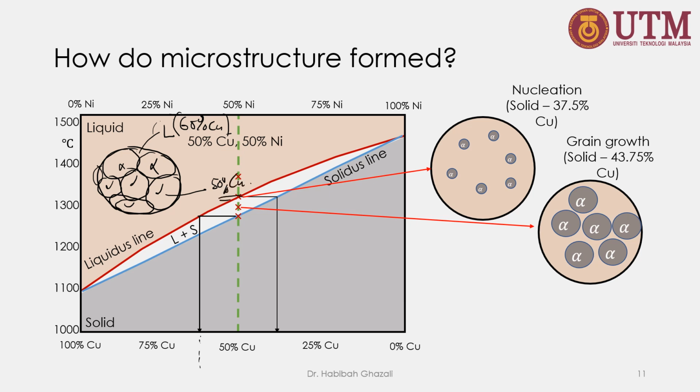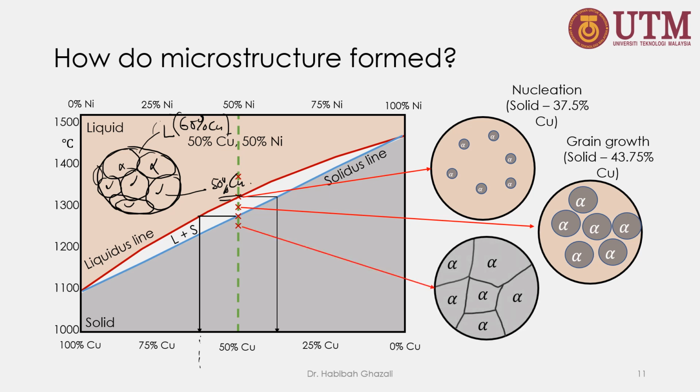As soon as it passes the liquidus line, everything will be transformed into solid and the grain boundary will be formed. At the end, because this is an isomorphous alloy, you will have only one homogeneous phase of alpha solid solution consisting of 50% copper and 50% nickel. So that is how the microstructure is formed during solidification.